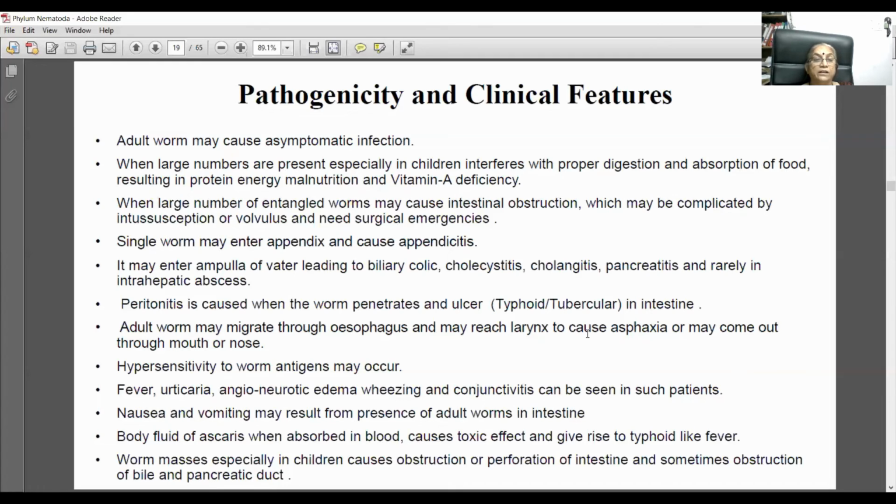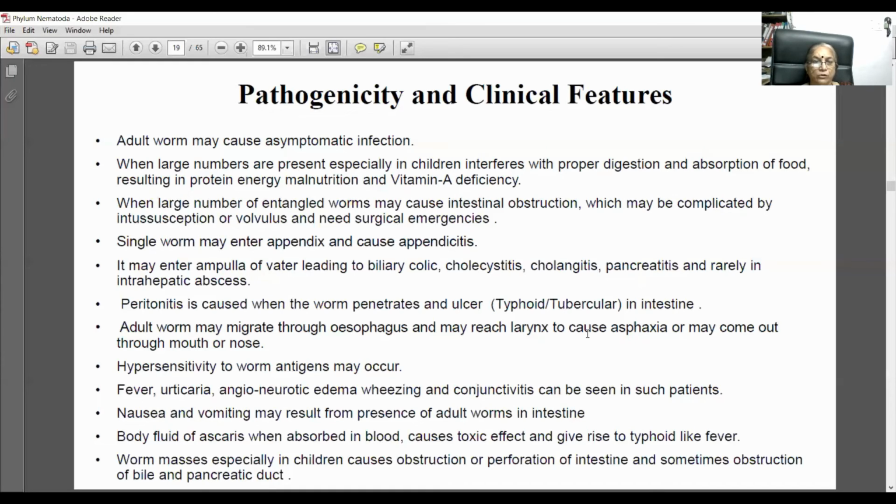The person or the patient can also suffer from fever, urticaria, angioneurotic edema, wheezing, conjunctivitis can be seen in such patients.